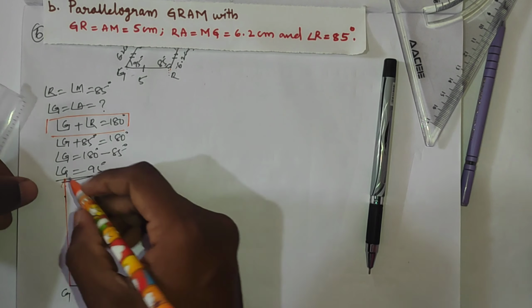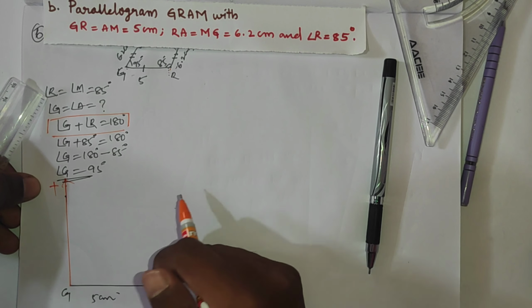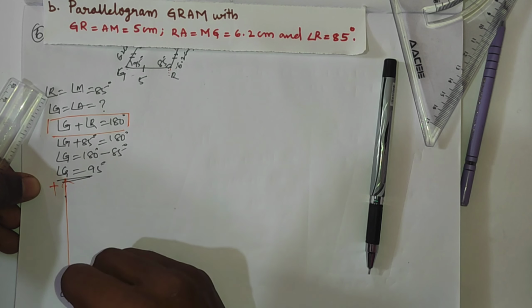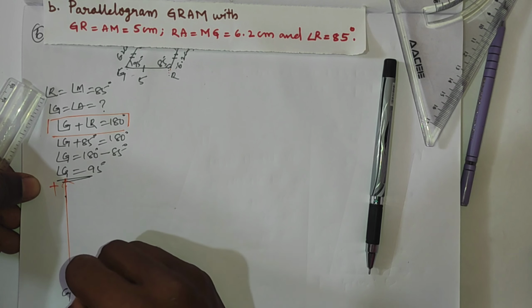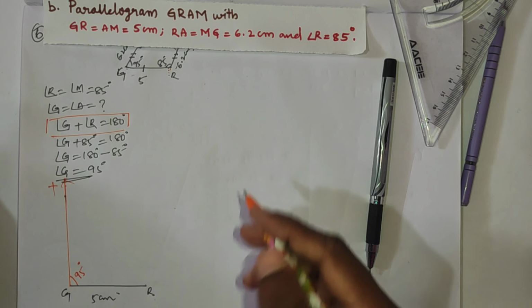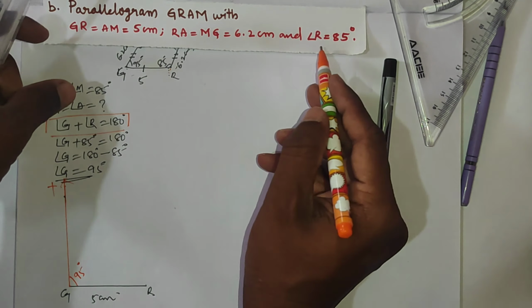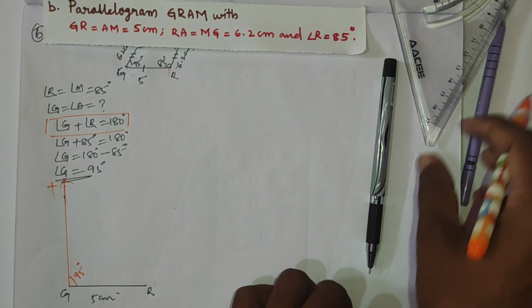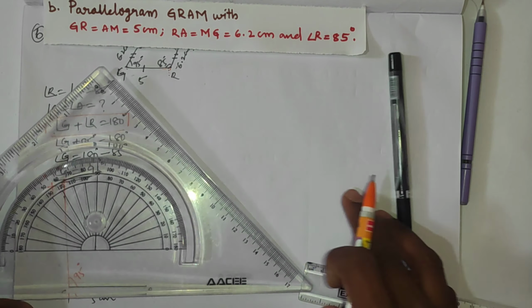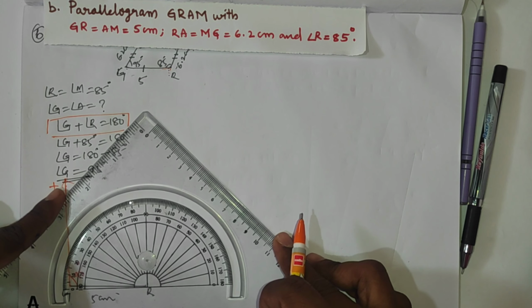Suppose here X, so angle RGX is equal to 95 degrees. Then what is there here? Angle R. Angle R is equal to 85 degrees.